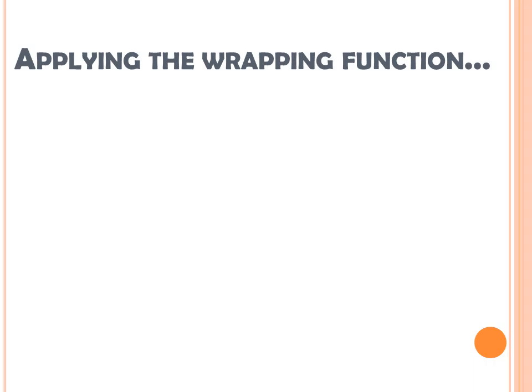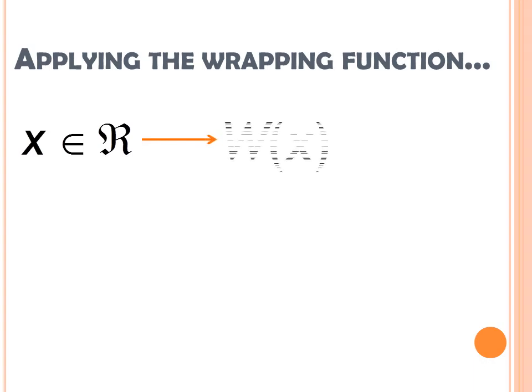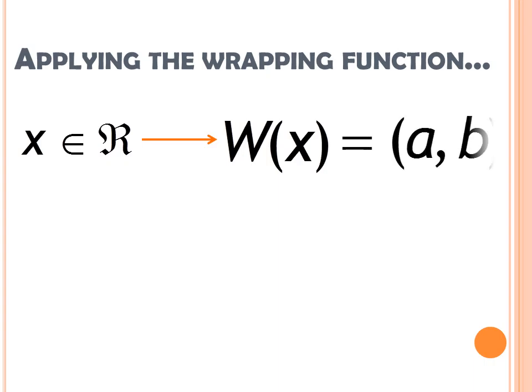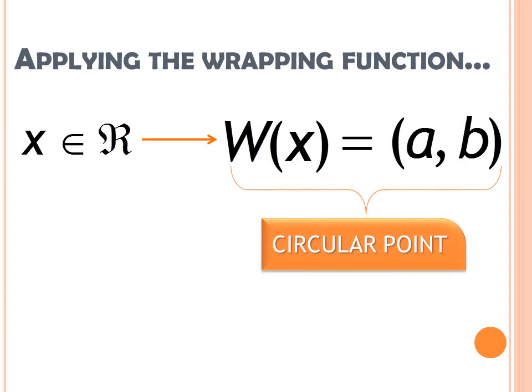Applying the wrapping function, we have, for example, x is an element of the real numbers, and then w of x will now be equal to the coordinate (a, b). This is now what we call the circular point.